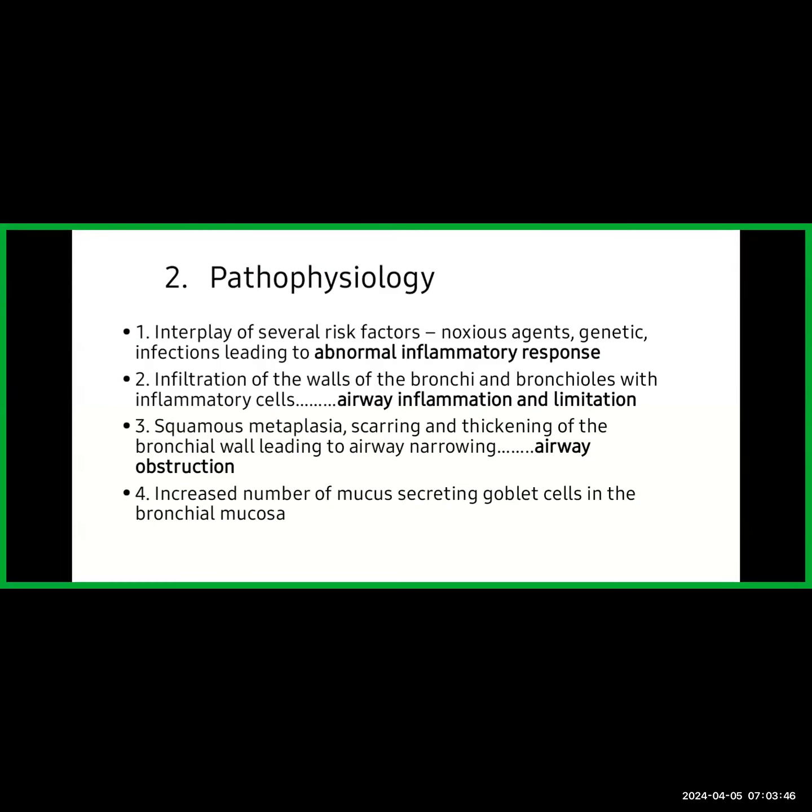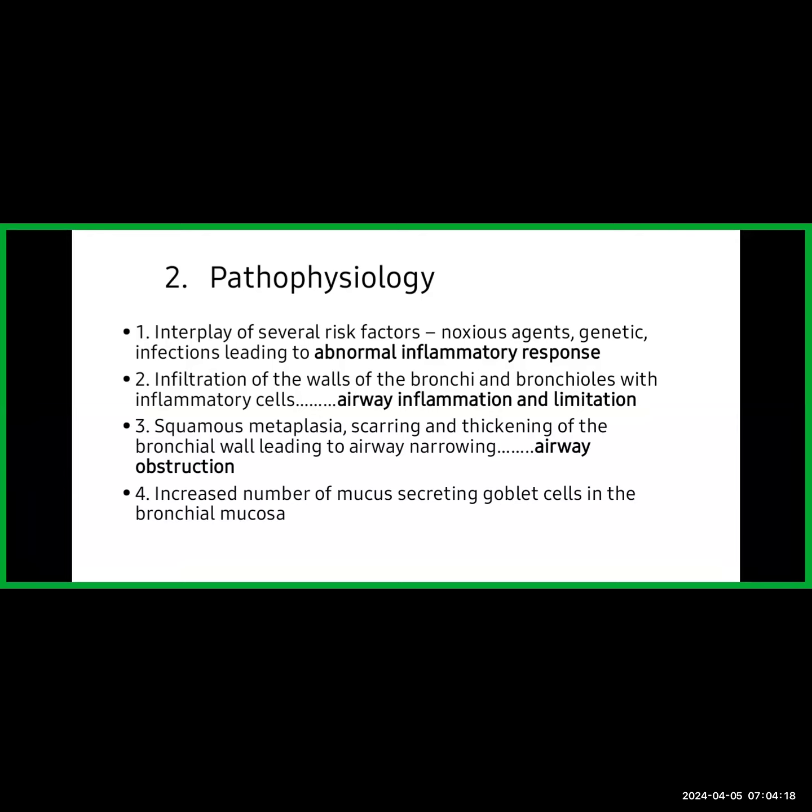The second question asked about the pathophysiology of this disease. The pathophysiology is the interaction of several risk factors coming together to trigger an abnormal inflammatory response. This is characterized by infiltration of the walls of the bronchi and bronchioles with inflammatory cells, leading to continuous and persistent airway inflammation and subsequently limitation of the airways.